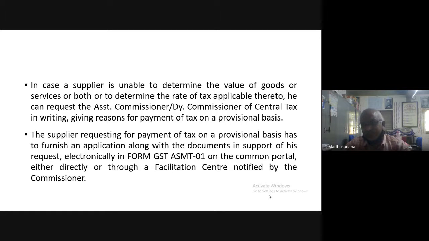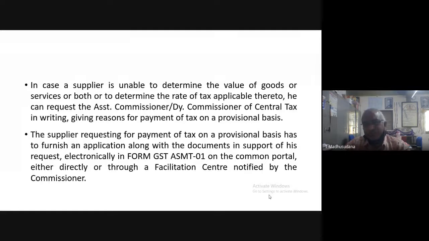That means if the supplier is unable to determine his tax liability, he has to request in writing the assistant commissioner or deputy commissioner of central tax, stating that he is unable to determine his tax liability, and therefore requesting the GST department to decide the amount of tax to be paid.